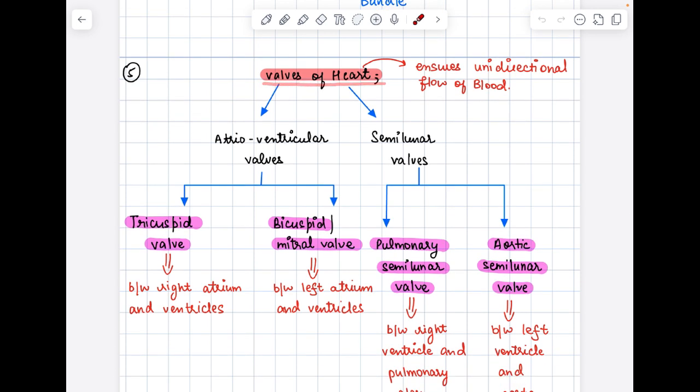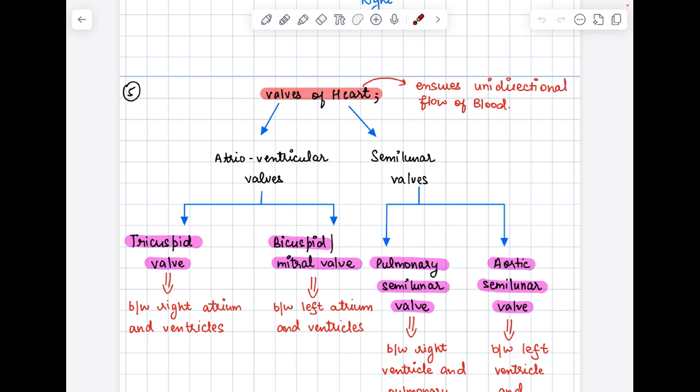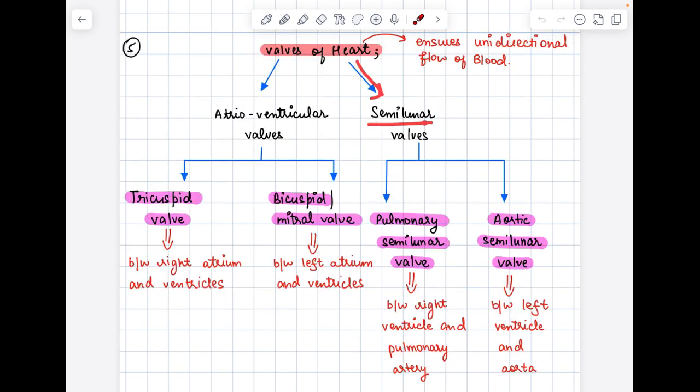Valves of the heart is divided into two types. First is atrioventricular valves and the second is semilunar valves. So under atrioventricular valves we have the two types. Tricuspid valve. So it is between the right atrium and the right ventricle. Now the second type is bicuspid or the mitral valve, that is present between the left atrium and the ventricle.